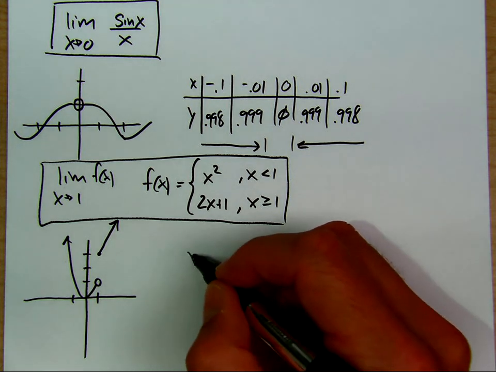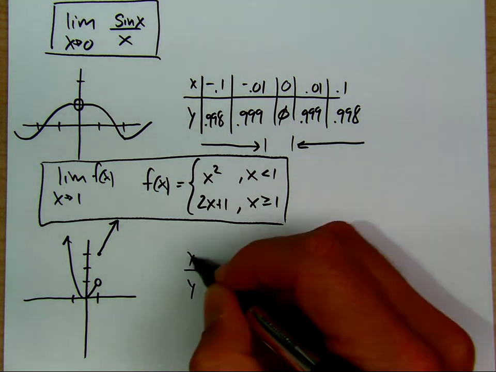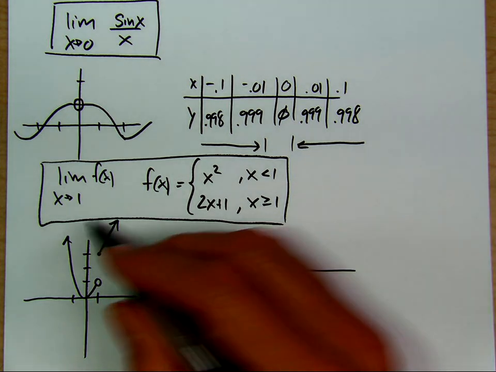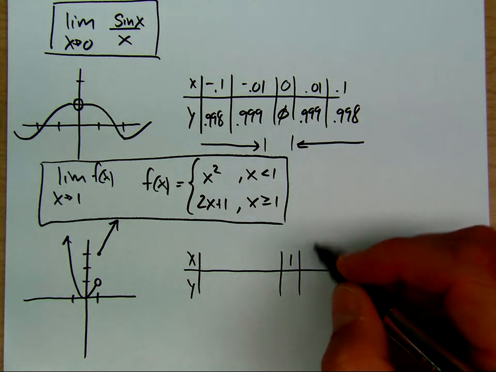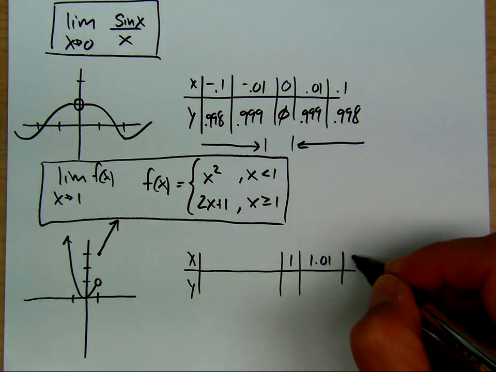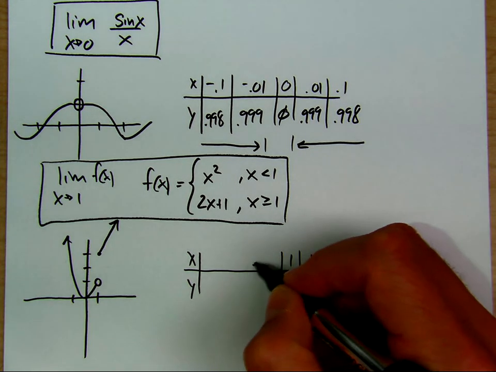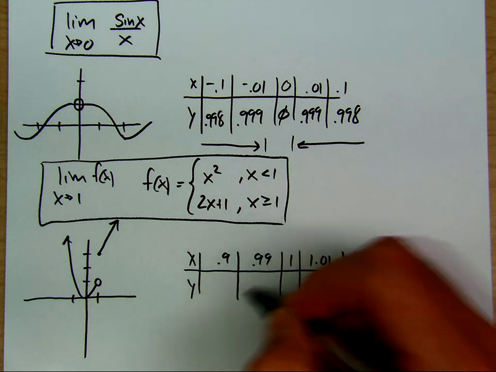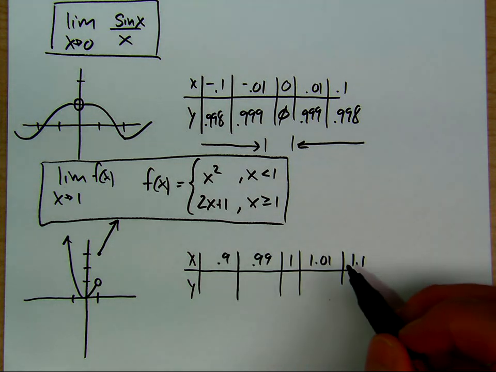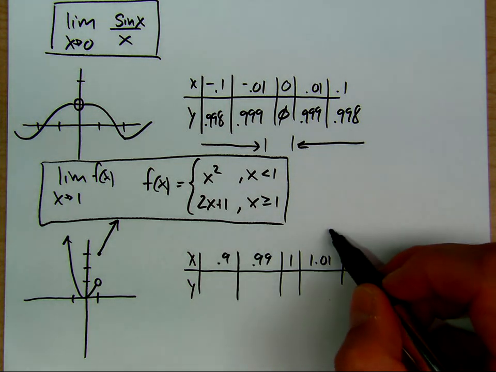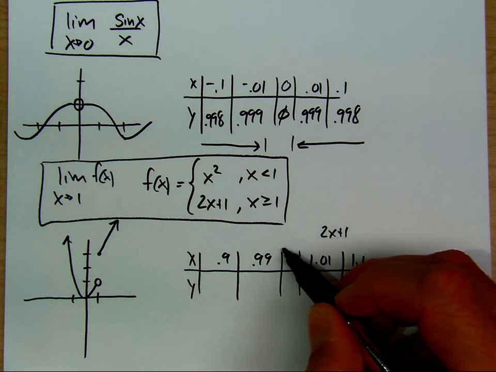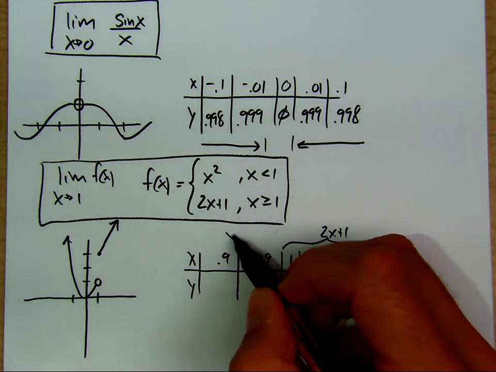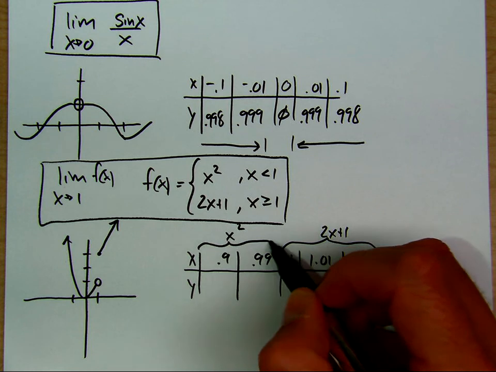And if we look at that numerically, we want to approach 1, get close to 1. Remember that to evaluate this, we're using 2x plus 1 for all of these, and we're using x squared for these.